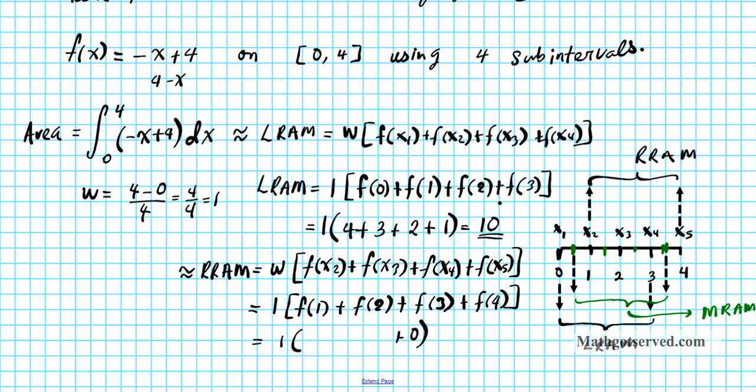Sorry about that. f of 1 is 3. f of 2 is 2. f of 3 is 1. Okay, perfect. So it's 3, 2, 1, 0. If you add 3 plus 2, that's 5, plus 1, 6. 6 times 1 is 6. So that gives your right rectangular approximation.